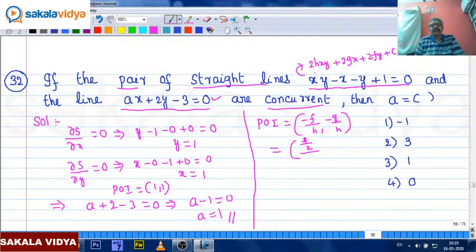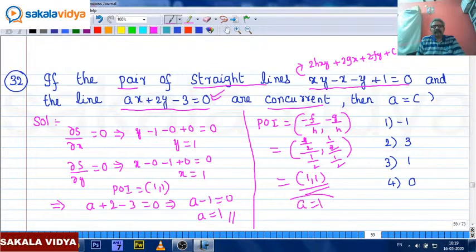H is also 1 by 2. G will be minus 1 by 2, so minus of minus 1 by 2 by 1 by 2. So 1 comma 1, same, you get 1 comma 1. Substituting here, we get the value of a equal to 1. Third option.